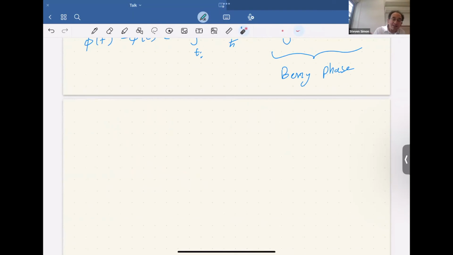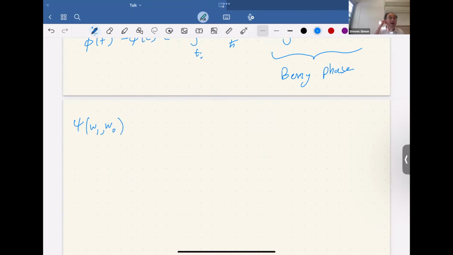So we're going to write down our wave function. And it's going to be a function of two parameters, W1 and W0. That's the positions of the two quasi-particles. I need the normalization N such that the wave function is normalized.